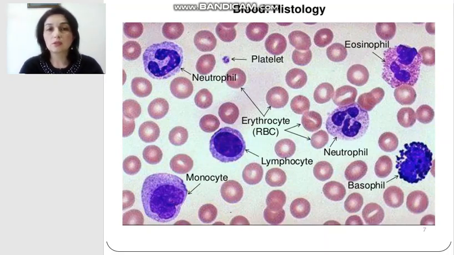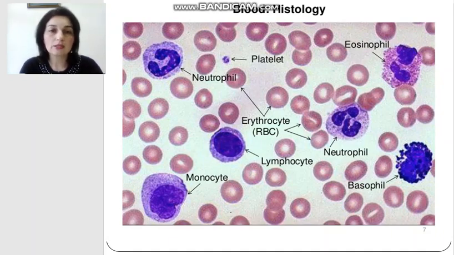Then we have to know that the pH of blood is 7.4. It participates in regulation of the osmotic and acid-base balance of the body and the temperature of the body. Besides, some cells of the blood perform their functions within the vascular system, but some of them, when they receive a signal, leave the bloodstream, enter the connective tissues and perform their duties there.